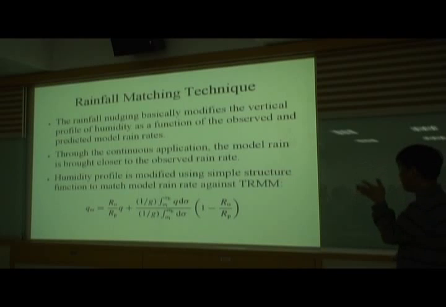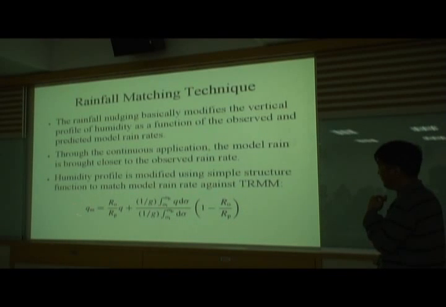At the cloud top and bottom, there is a specific humidity, and inside the cloud, the humidity is reduced. Basically, this was proposed by Krishnamurti, and when we continuously apply this scheme to the model, then the model continuously moves toward producing TRMM precipitation.